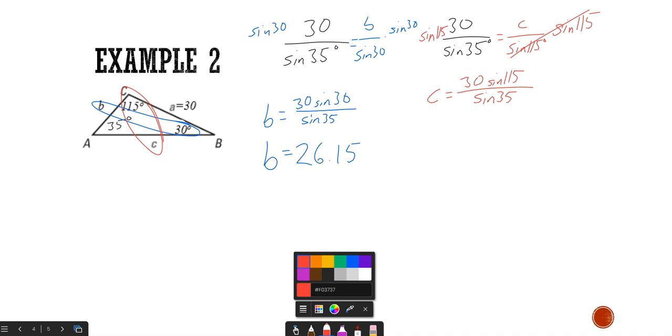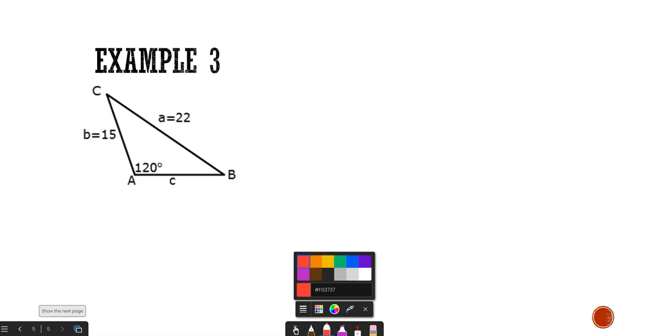Same thing, we're going to substitute that in, put that in our calculator, and we get C is roughly 47.40. Again, I want to make sure that as my angles are getting bigger, my sides are getting bigger, which they do.